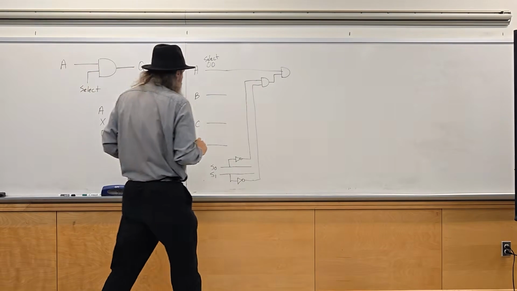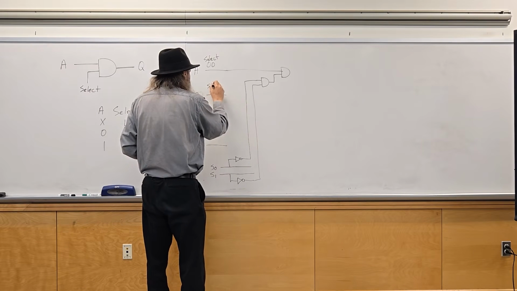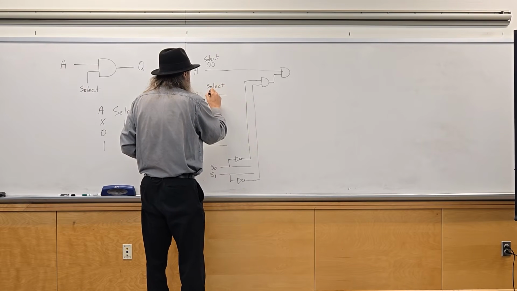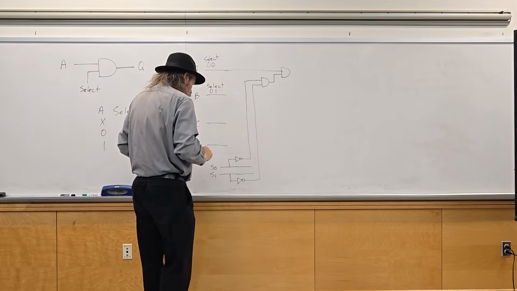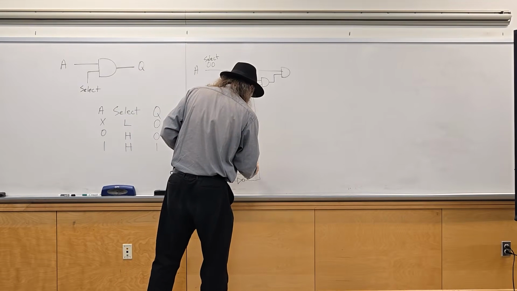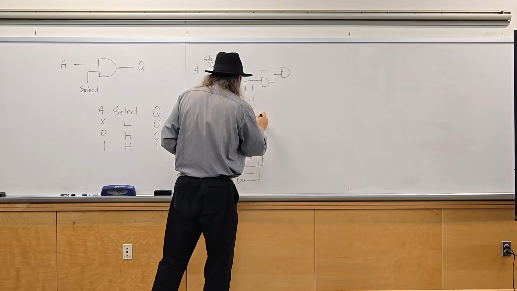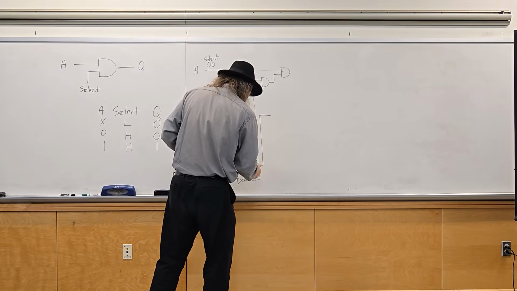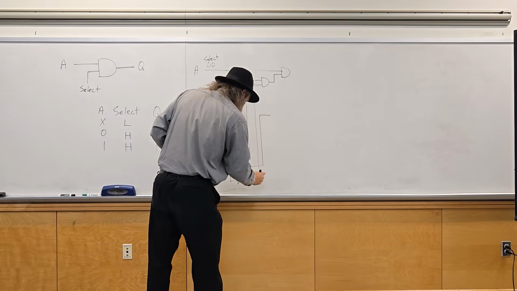For B, select, it would be 0, 1. So it would be S0 and not S1.